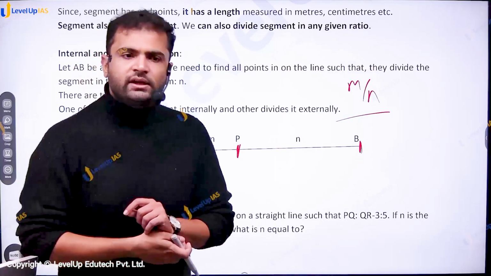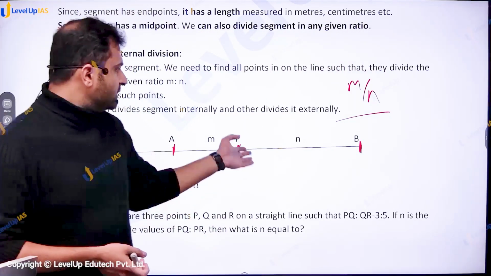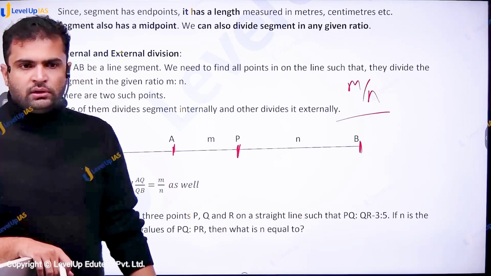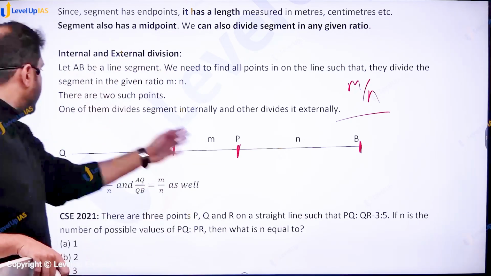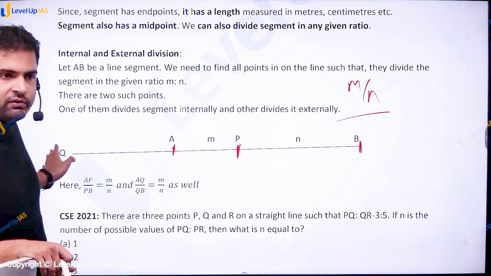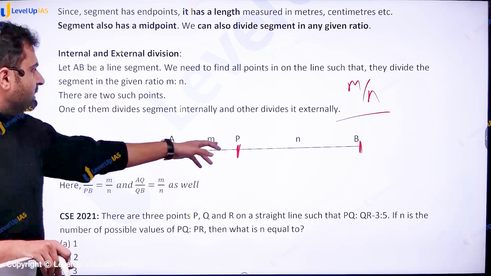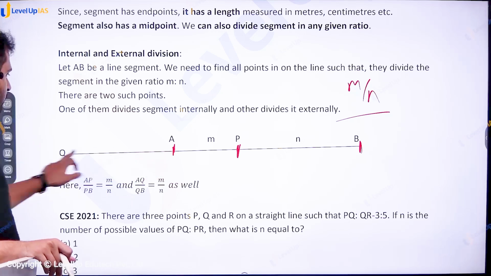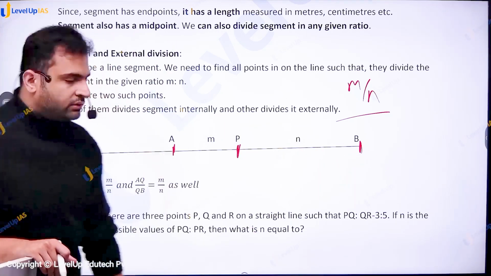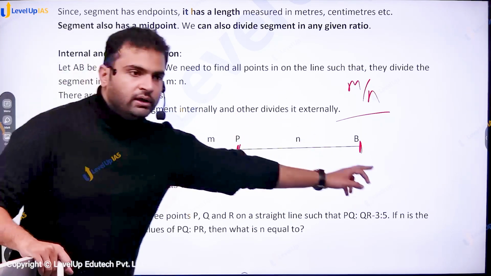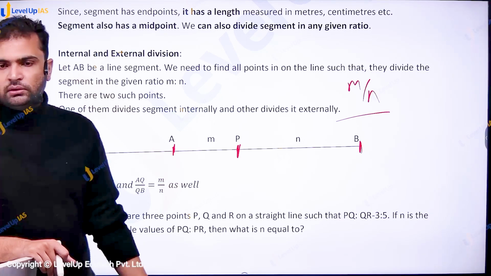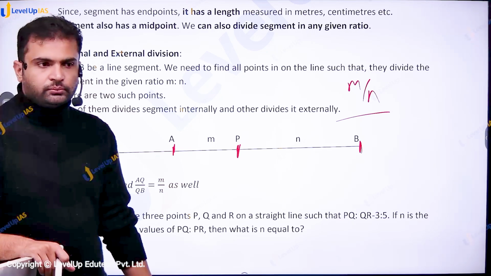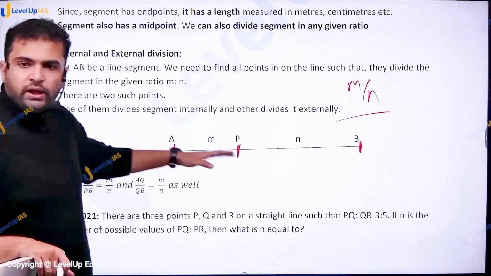It is called internal division because the point is internal to AB, and there is one point outside of AB which divides this AB in the same ratio. How? AQ is to QB is also m is to n. Is it possible? So this is called external division.